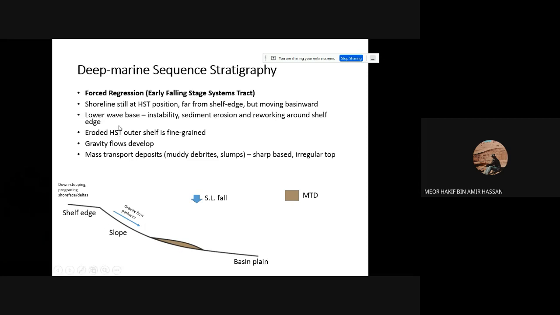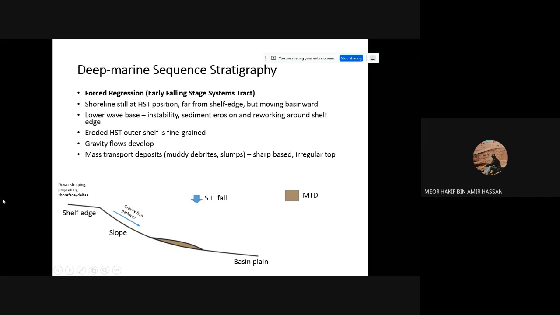Now, before going to the falling stage systems tract, of course, you start with an earlier HST, kan. So you had an earlier HST, and during the HST, remember, you just went through the highest sea levels, right? Sea level was rising during the TST, then you get the maximum flooding surface, right?